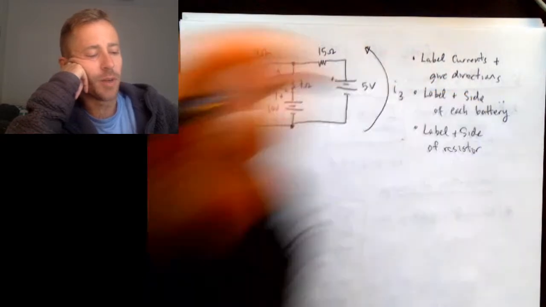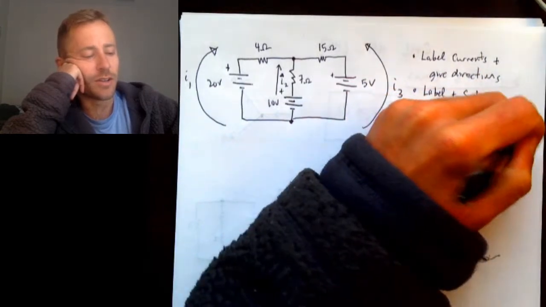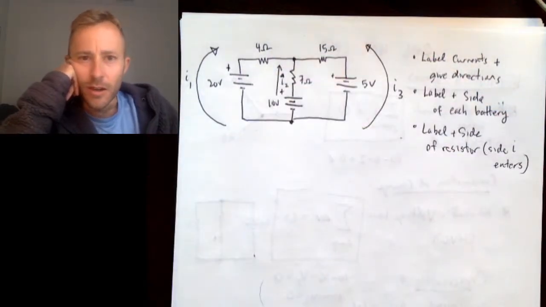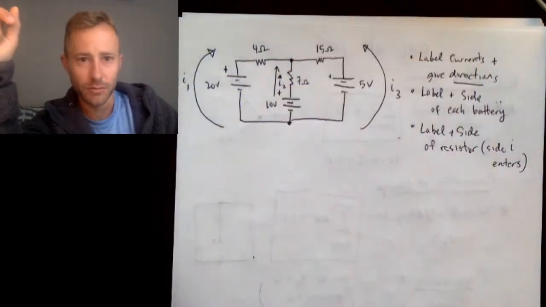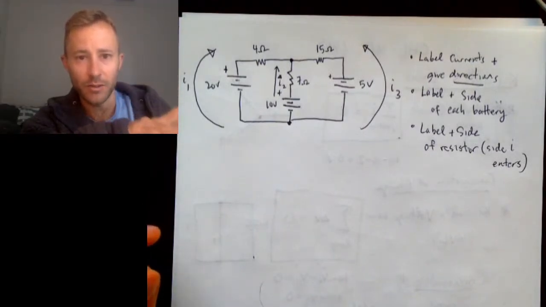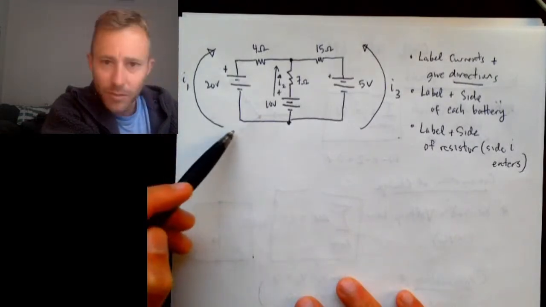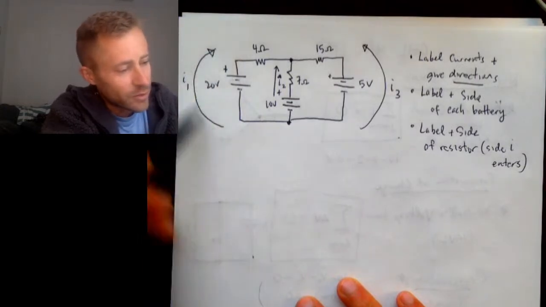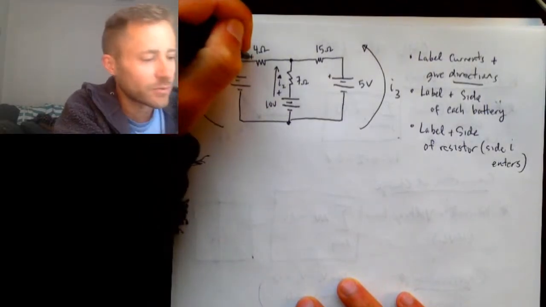And the positive side of the resistor is the side that the current enters. And you do that according to your original assumption about the directions. So it doesn't matter if your guess was wrong, but you use that guess to label the positive side of that resistor. So I can see that I said that I think I1 is going around this way. So that means that the current is going into the left-hand side of this resistor. So I'm going to call that the positive side.